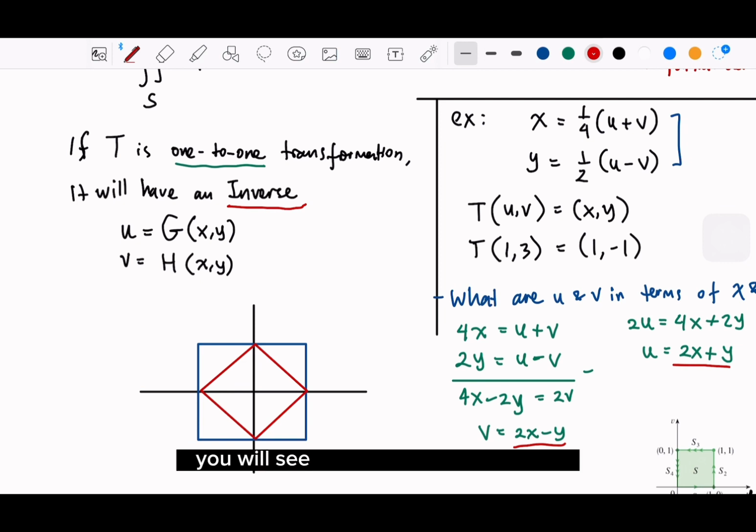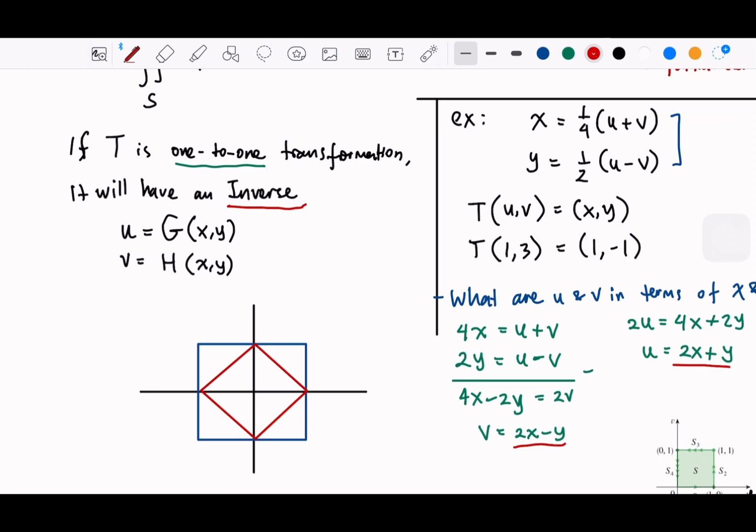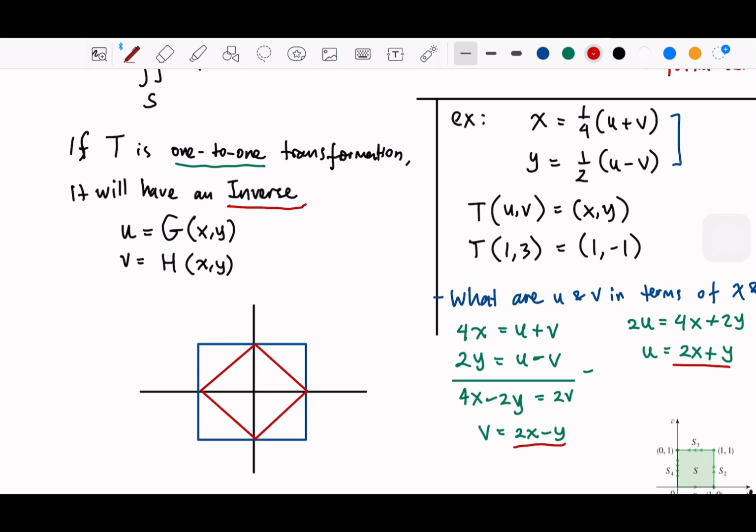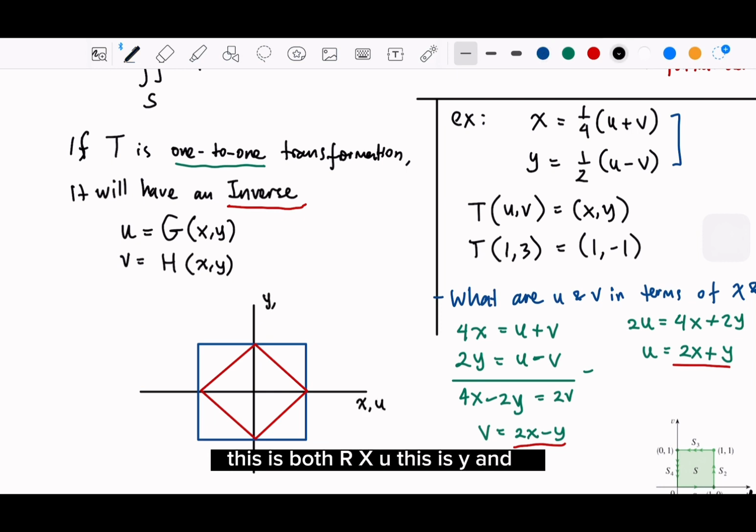Okay, you will see all these linear equations that you can find easily. So you can imagine first you try to have x, y, and then change to u and v according to this equation. So you can check. Both are x, u, this is y and v.